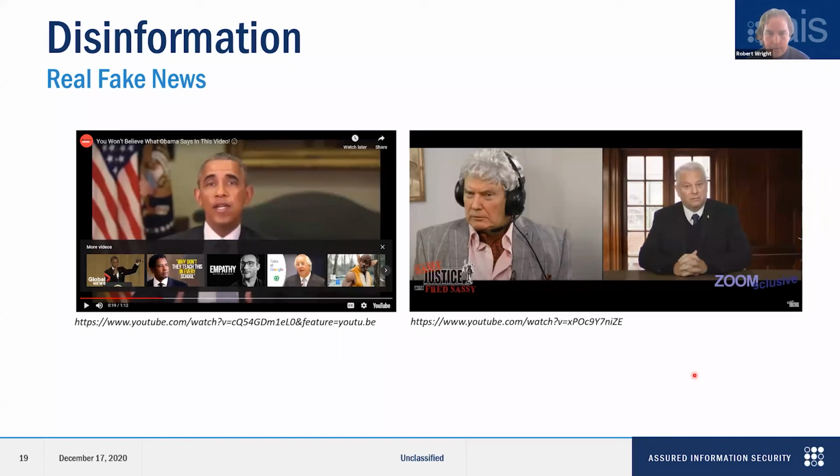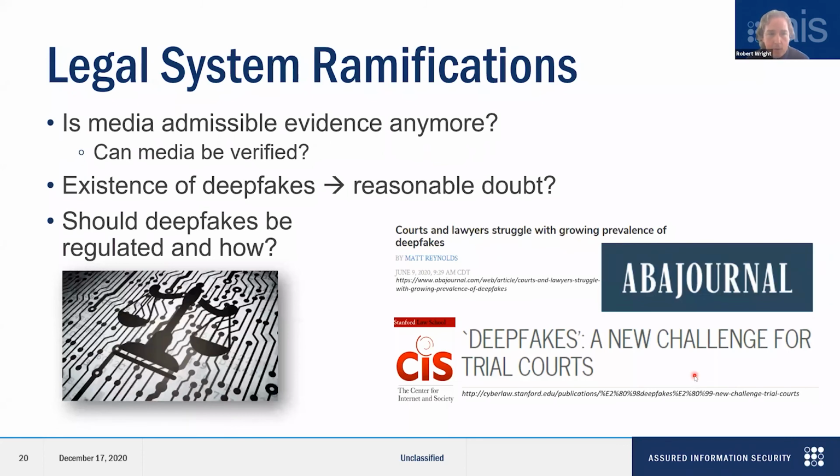And if it will let me progress slides, but I think it's going to have a much bigger impact, I think, on our legal systems. So with the ability to almost, or in the future probably with certainty, being able to synthesize and manipulate any media to the point where it would be very difficult, if not impossible, to determine the difference between something synthesized and something actually real, what is admissible evidence as media anymore?